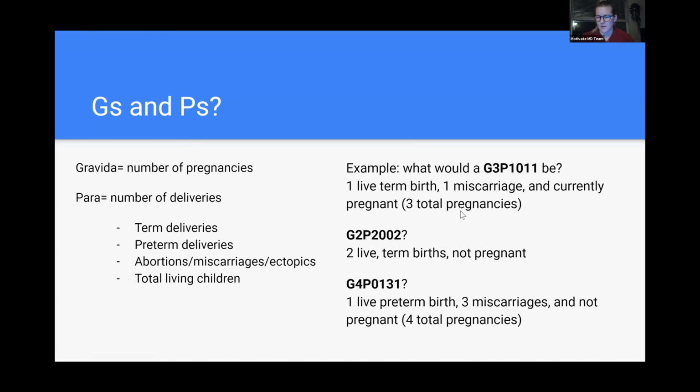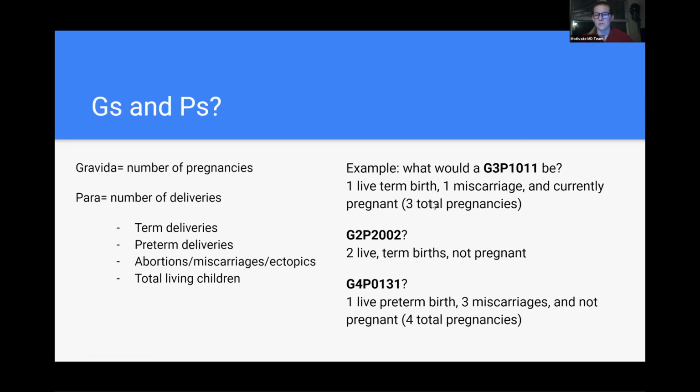I know this can sound a little bit confusing, so maybe an example will help. A G3P1011. G3 means she's had 3 total pregnancies. P1, so the first one is a term delivery. Second is preterm. Third is miscarriage or abortion. The last number is total living children.